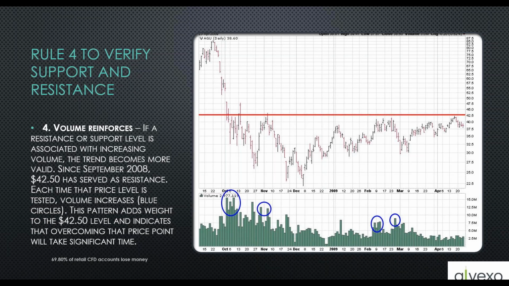When you're looking at a CFD provider, what you're seeing is the volume through that liquidity provider. So it's not actually overall market volume, but it does kind of reflect what the overall market is.